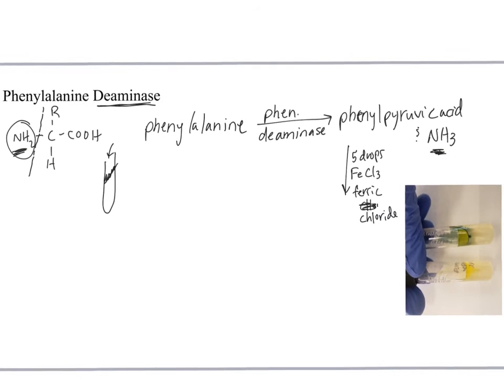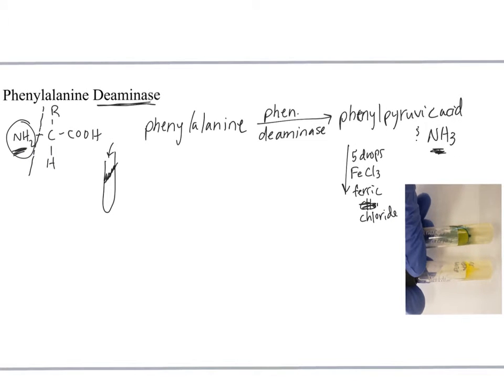Unfortunately, my picture got turned on its side. I'm not sure why it did that. But for a negative result here, you can just see that yellow ferric chloride. For a positive phenylalanine deaminase test, you see kind of a pine green color change on the slant here and anywhere that there's growth.